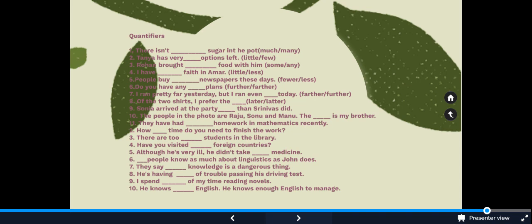Very few options left. Rohan brought dash food with him. Some food with him. I have dash faith in Amar. I have little faith in Amar. I don't have any faith in him. That is the meaning.